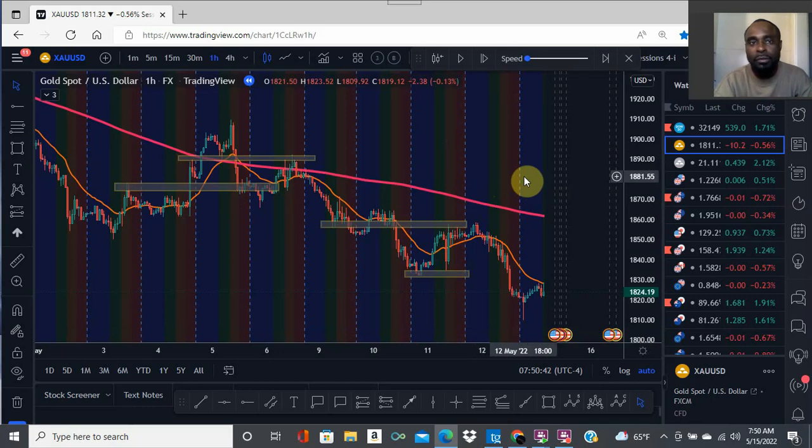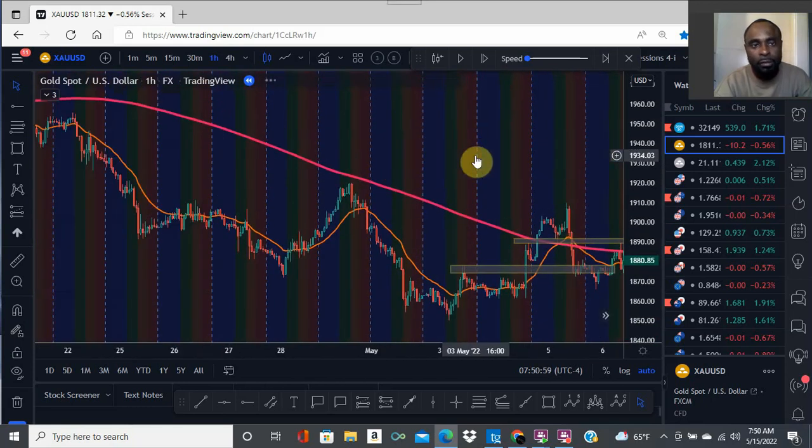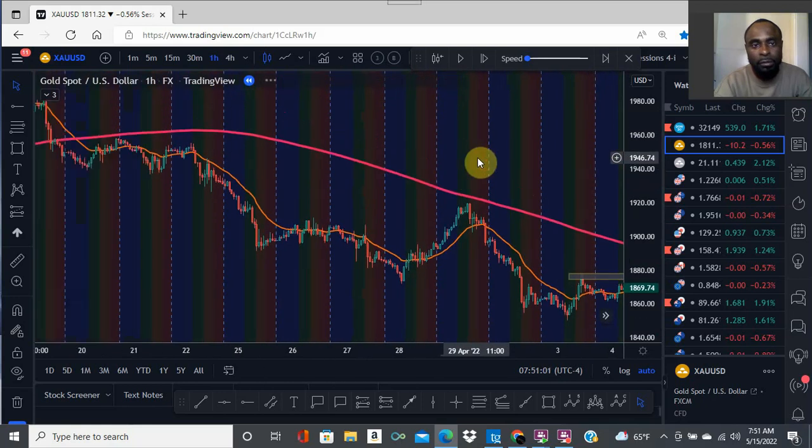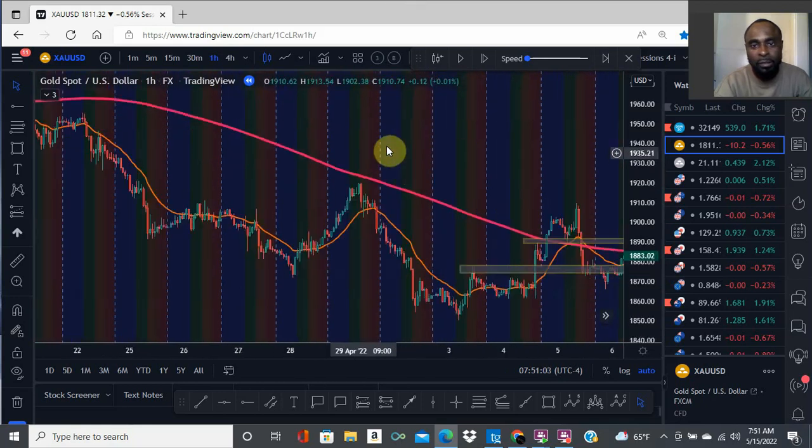So we're going to do a little analysis here. Let me clean this chart up. These are some trades early in the week I was looking at. And as you can see, price has been on the downtrend.